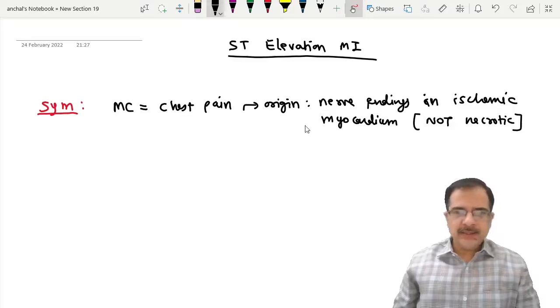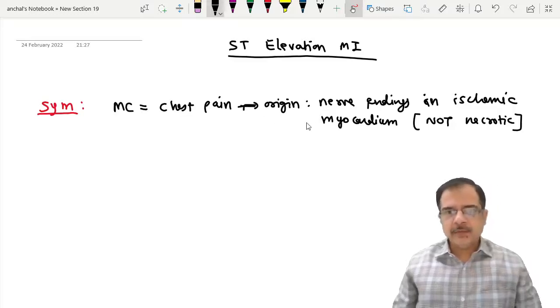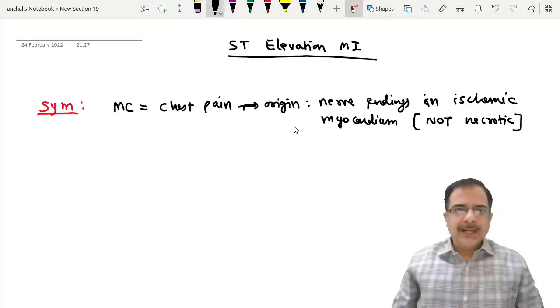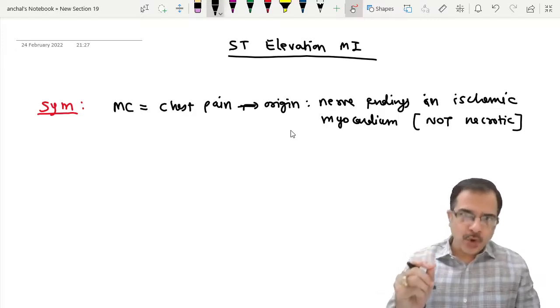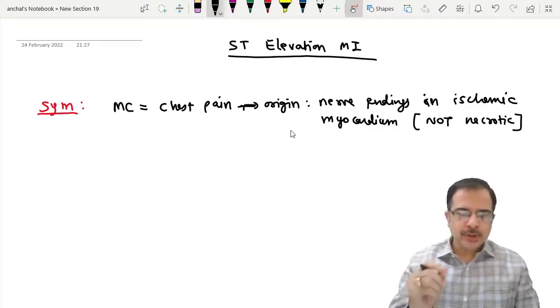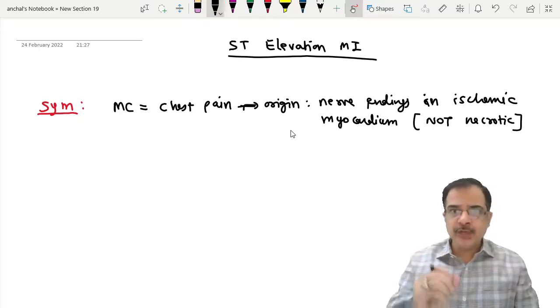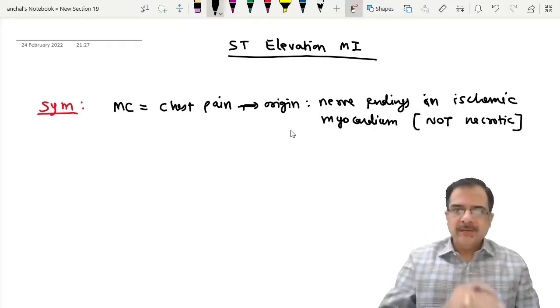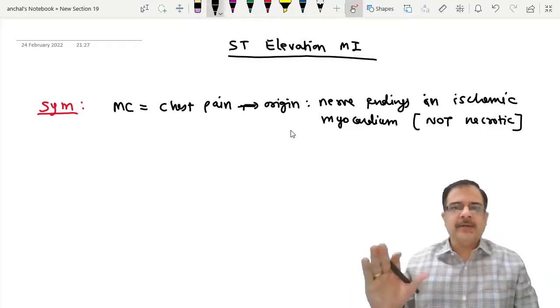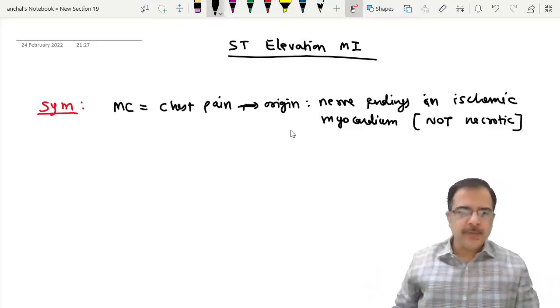So what does this mean from a management point of view? If a patient has ongoing ischemic pain or chest pain, it means it is still viable tissue, it is ischemic tissue. Once it becomes necrotic, pain will subside. So very important implication in the treatment.